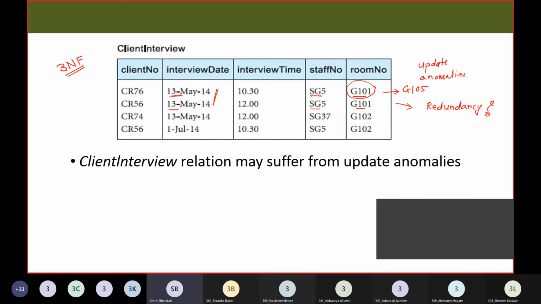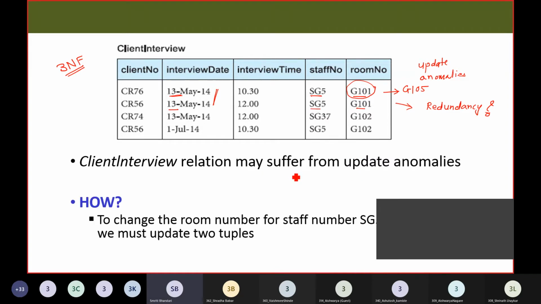Yes? Yes. And that is why we are saying that this relation suffers from update anomalies, meaning there is still some redundant data. So if we forget to change the room number for one of the tuples, then it may happen that our data becomes inconsistent.